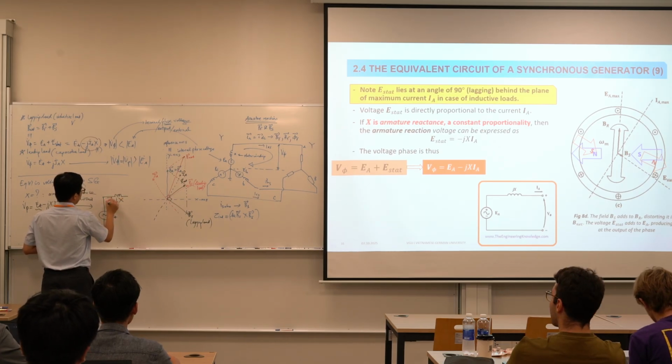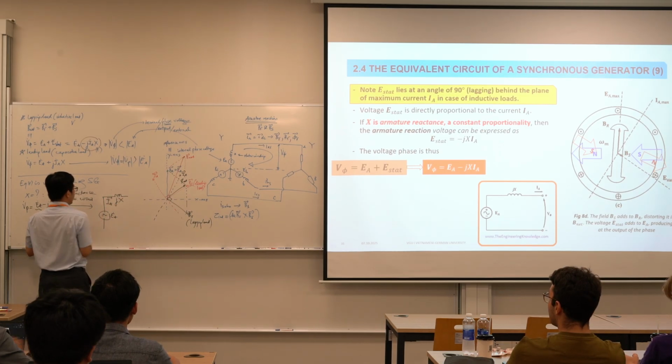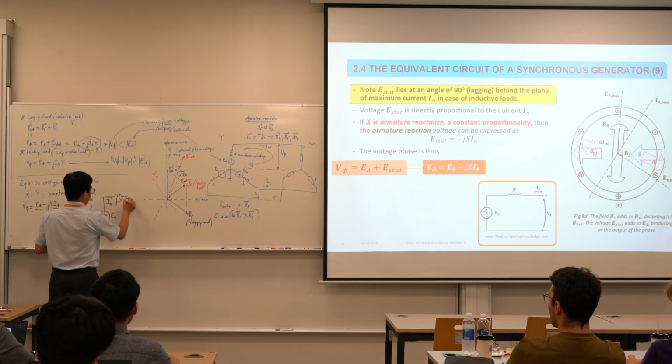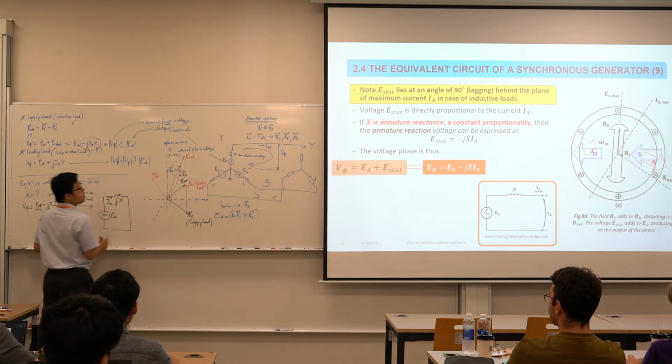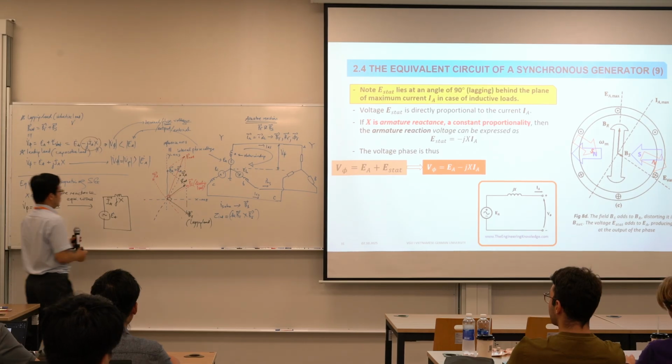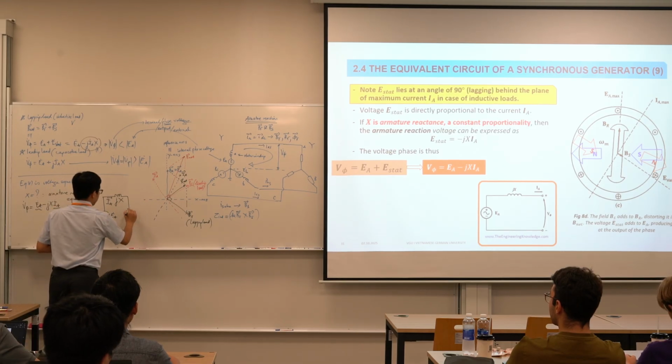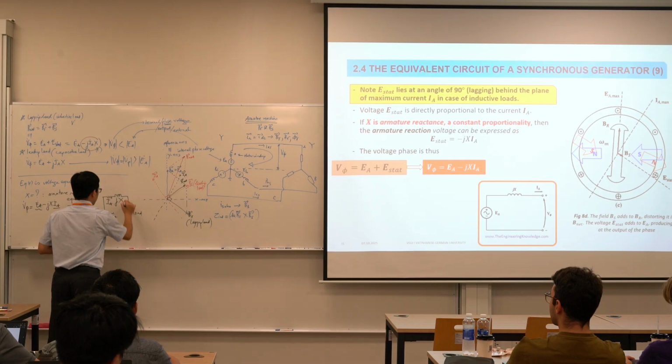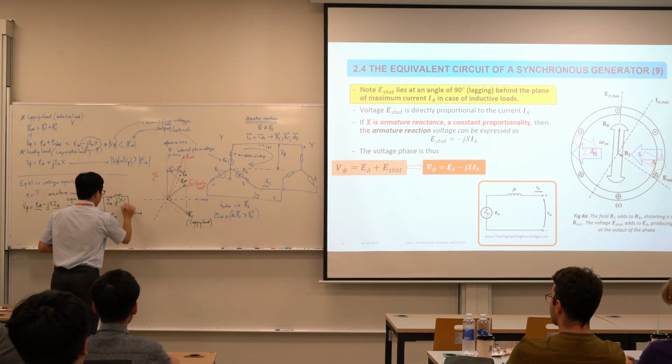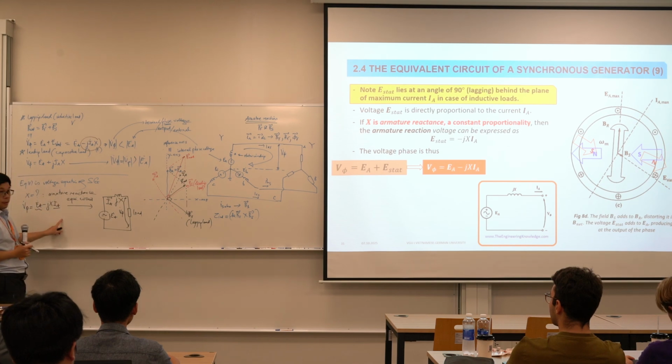Okay, and the current here is IA overhead dot. That's all. Lock here. Okay, so this one is V phase.